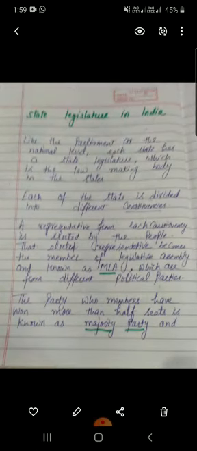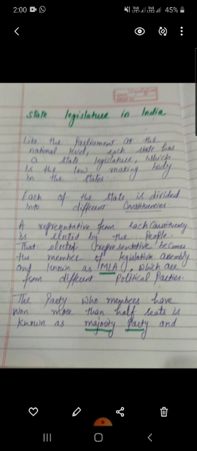So, the state legislature in India is formed in the following way. Like the parliament at the national level, each state has a state legislature, which is the law making body in a particular state. Each state is divided into small areas which are known as constituencies.